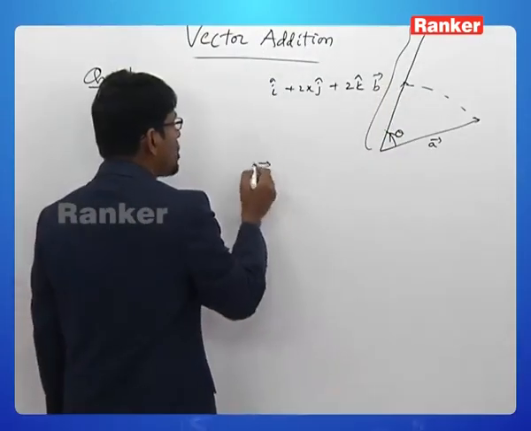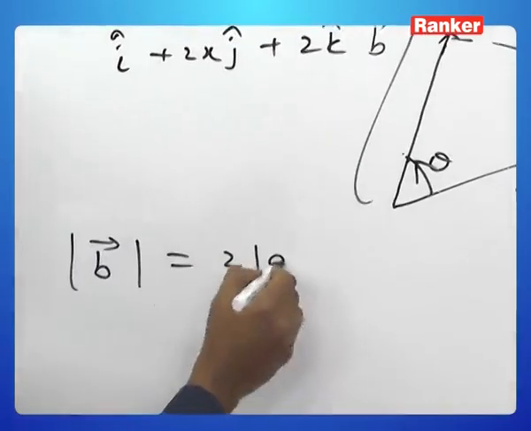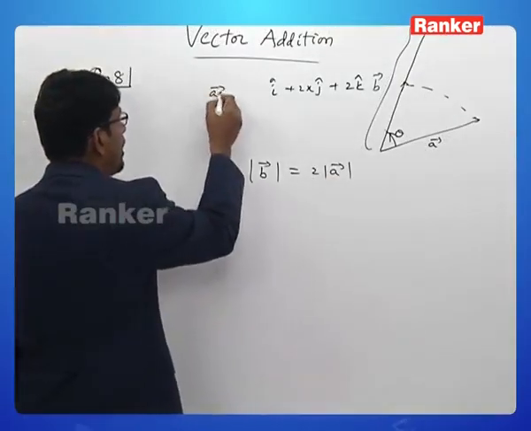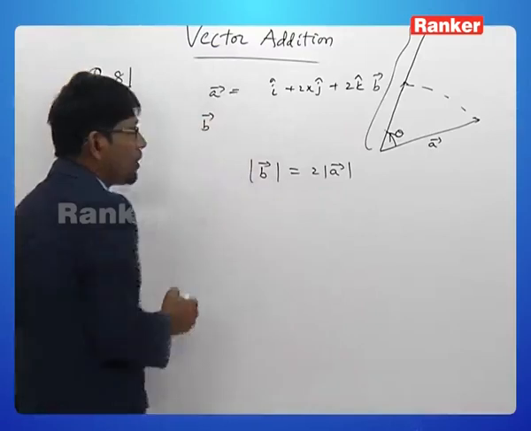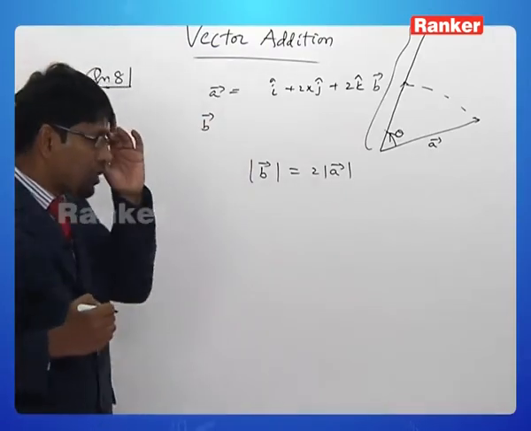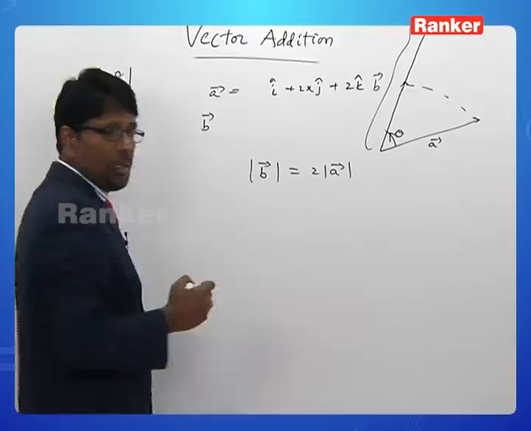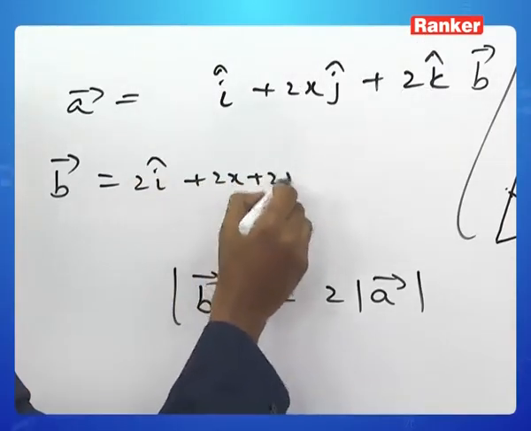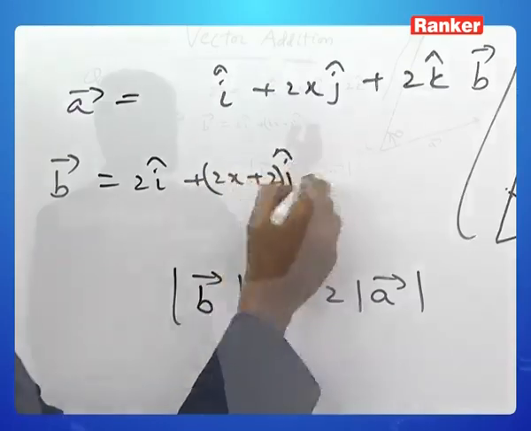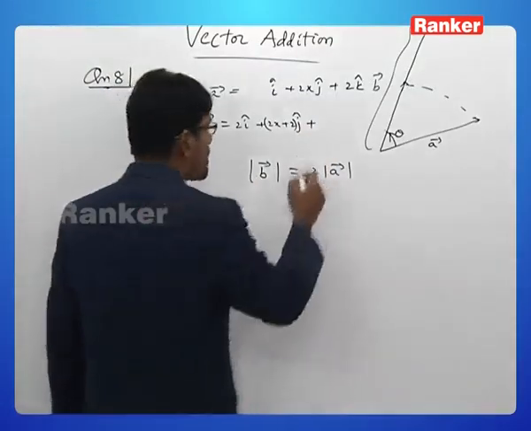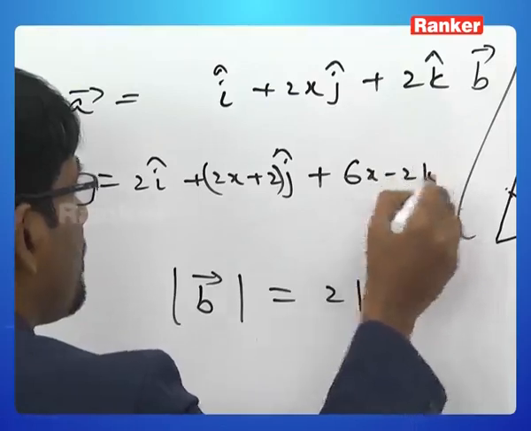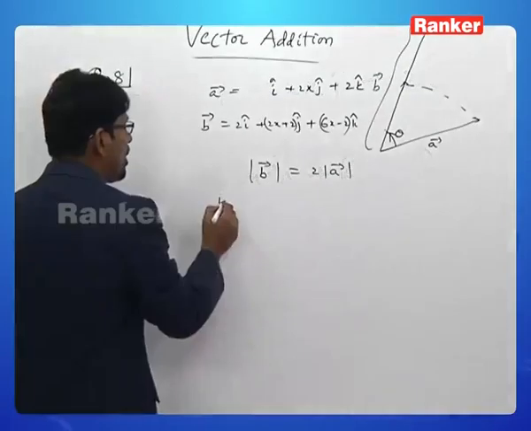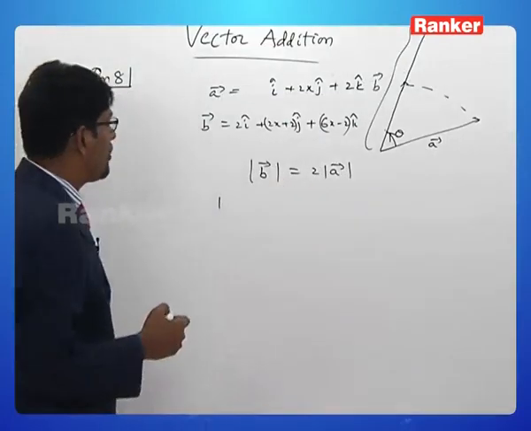Clearly B bar magnitude is 2 times the magnitude of A. This is our vector A bar, and the vector B bar after rotation and magnifying 2 times is 2i cap plus (2x plus 2) j cap plus (6x minus 2) k cap.